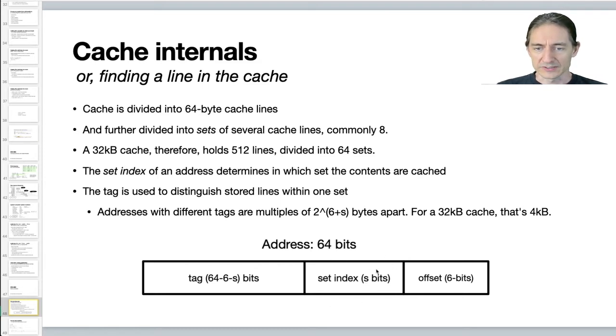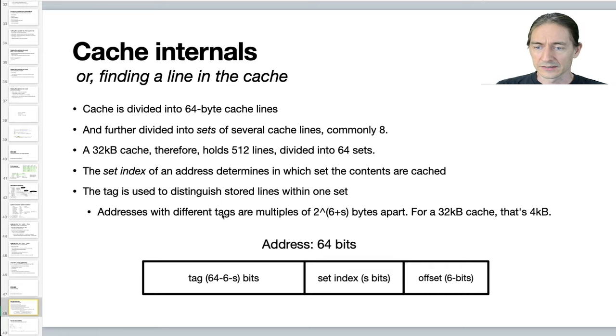Right, 64 different sets. Okay, so the set index of the address decides which set this particular part of memory, this particular address, needs to be in. There's no choice there. It can only be in one set.